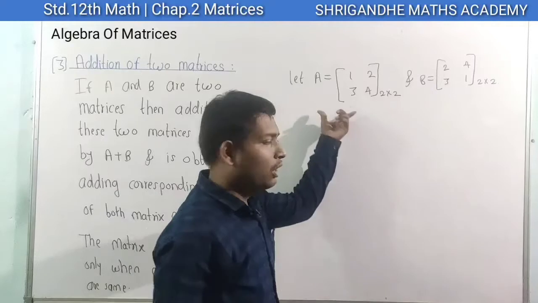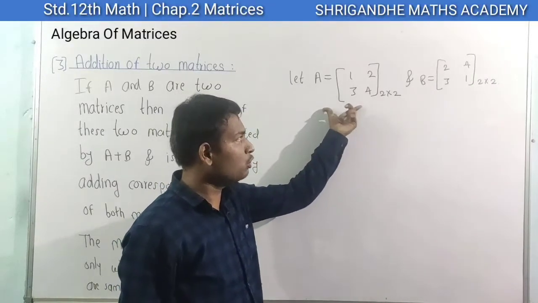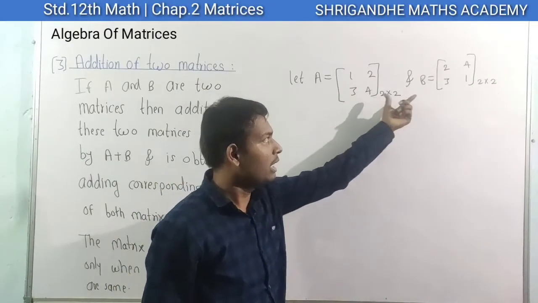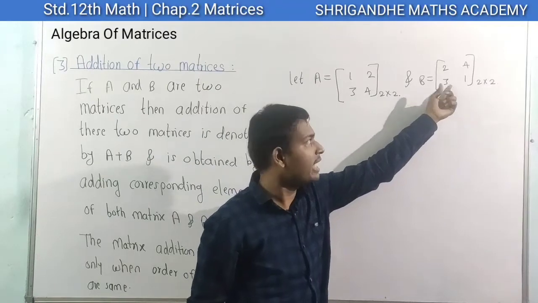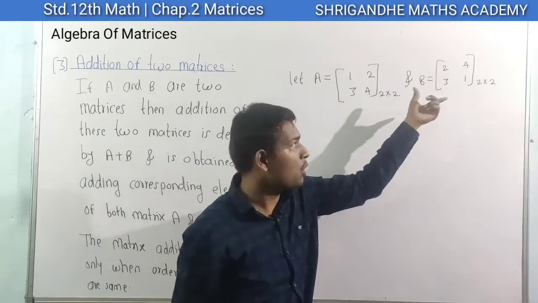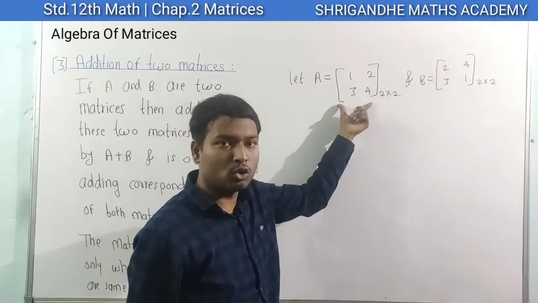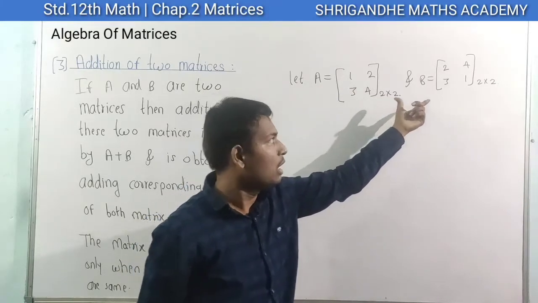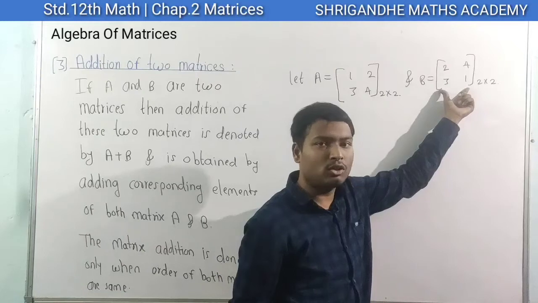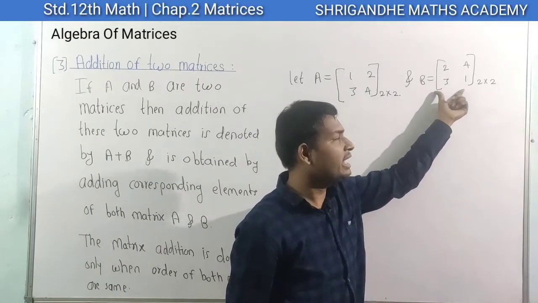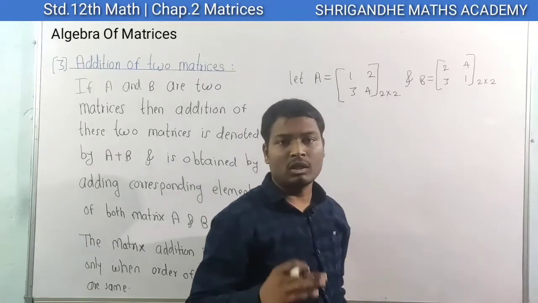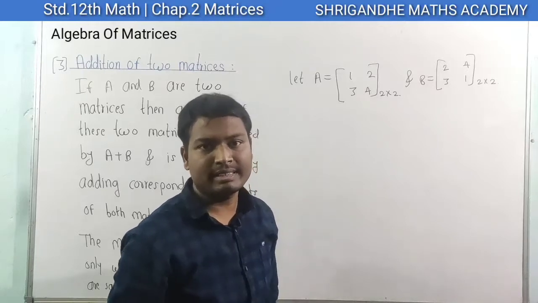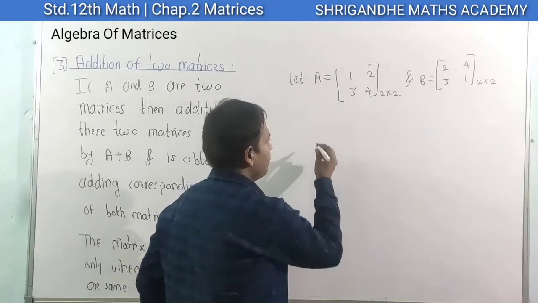Now A has 2 rows and 2 columns, therefore matrix A is of order 2 by 2. Similarly, matrix B has 2 rows and 2 columns, therefore matrix B is also of order 2 by 2. Now here we have to add these two matrices A and B. Let us see how to add.